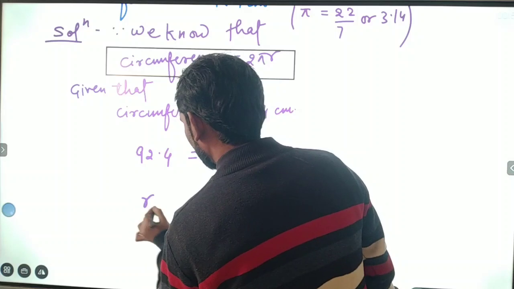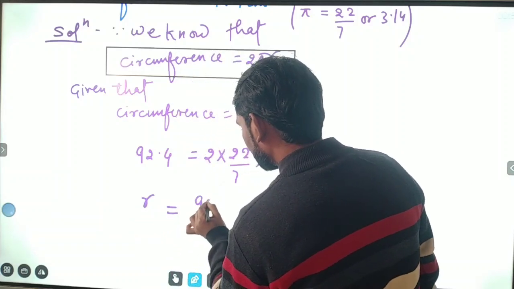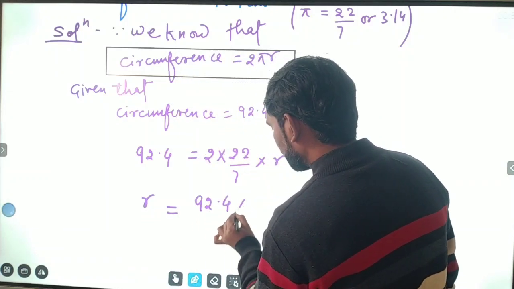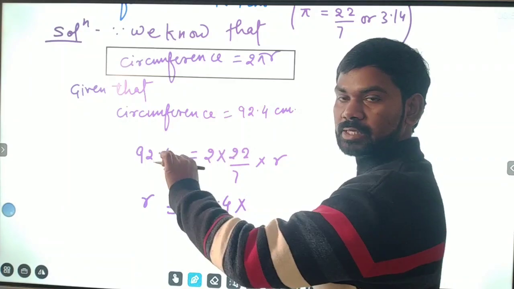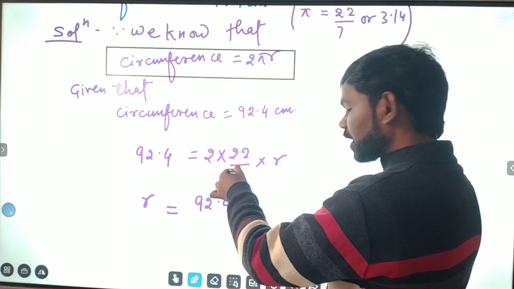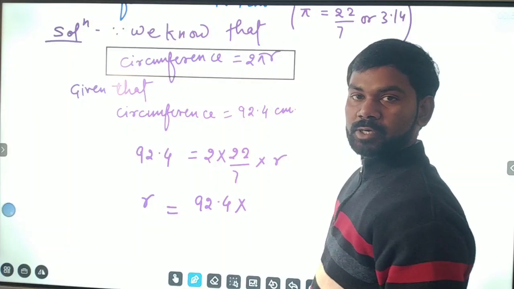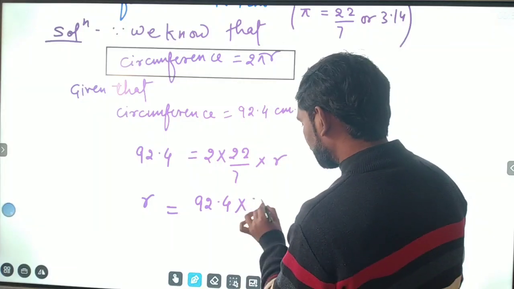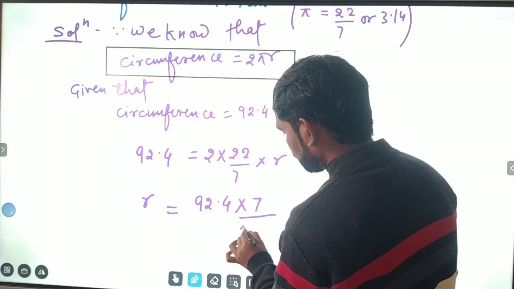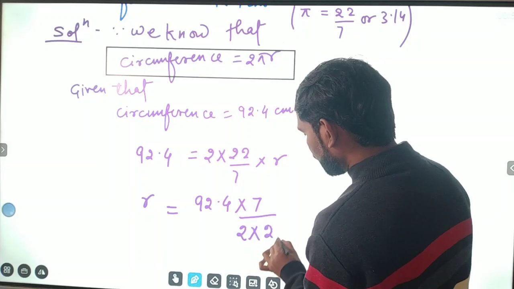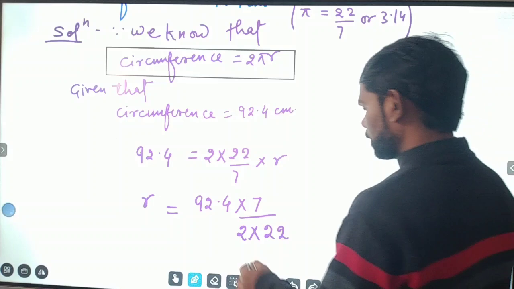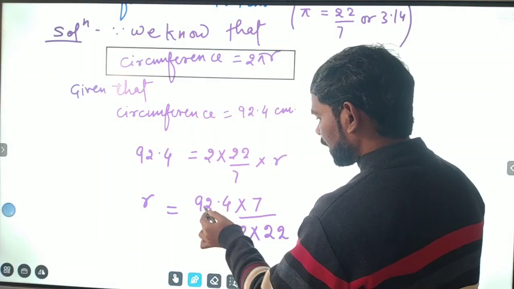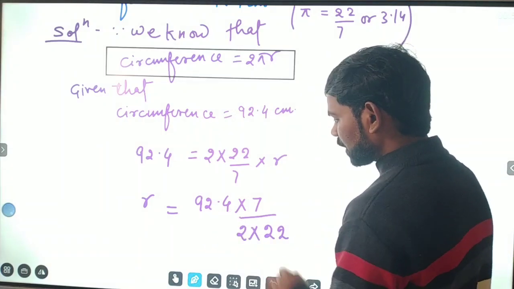So we get r is equal to 92.4 into, when this fraction is transposed to the other side, numerator becomes denominator and denominator becomes numerator. So we have 7 upon 2 into 22. Is that clear? Now just simplify, divide 92.4 by 2.